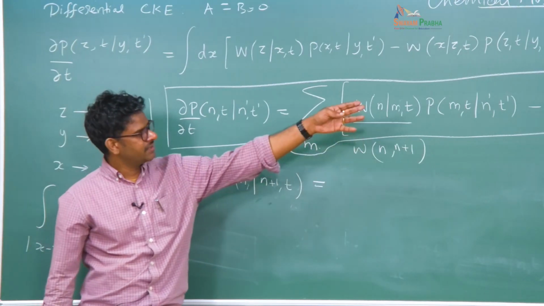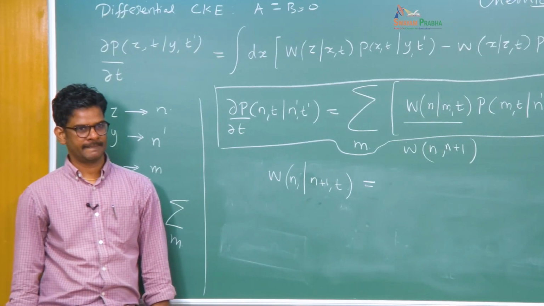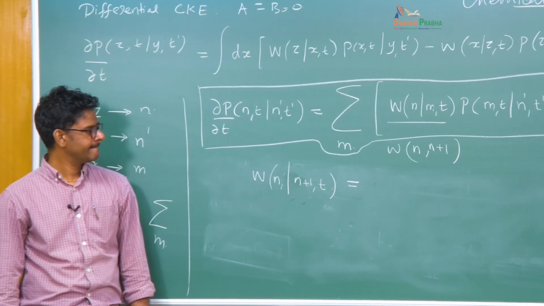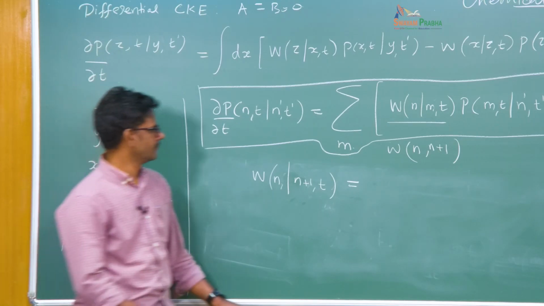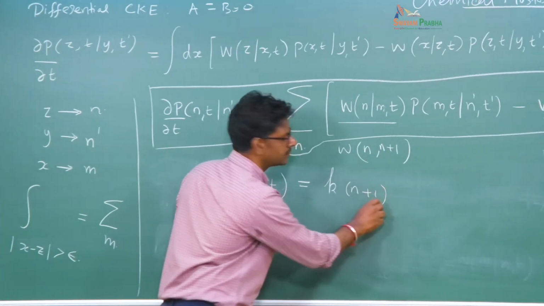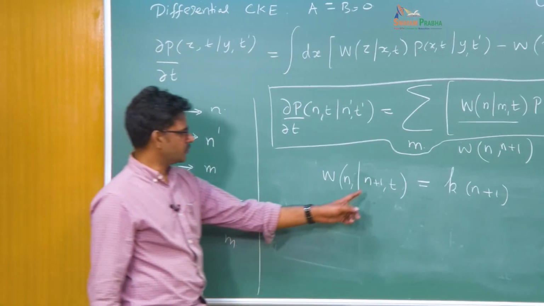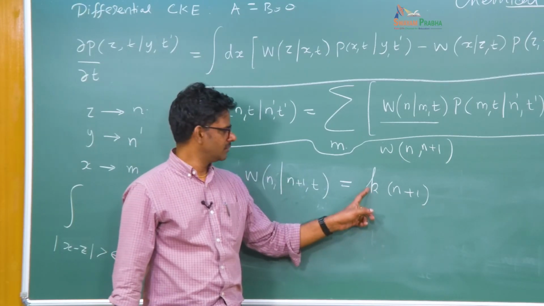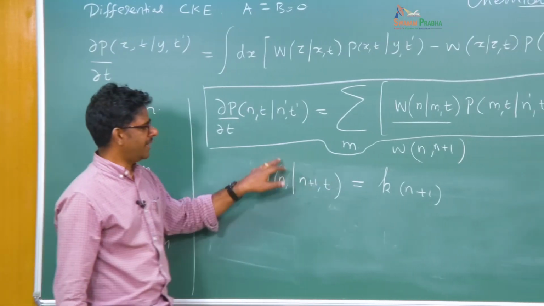For a chemical kinetics A going to B, isn't this k times n plus 1? I have n plus 1 molecules and they are all reacting at rate k per unit time. So this is the transition probability for the event n plus 1 to n happening.